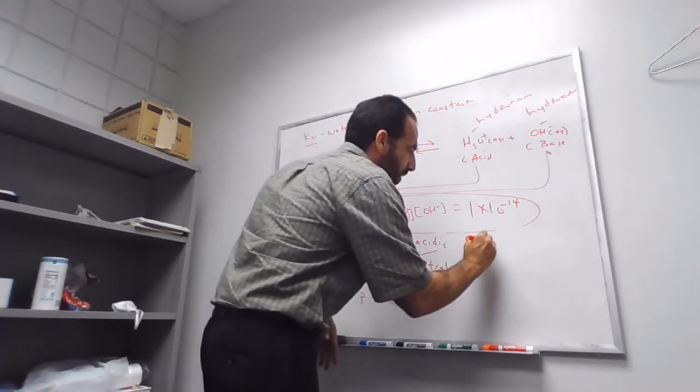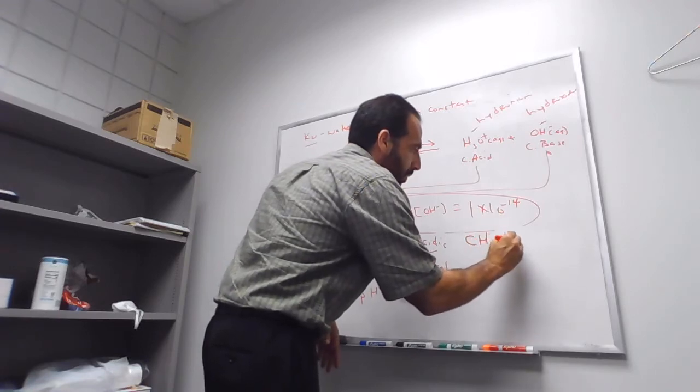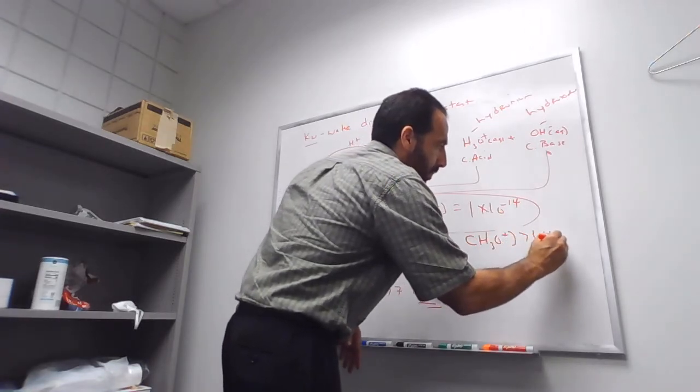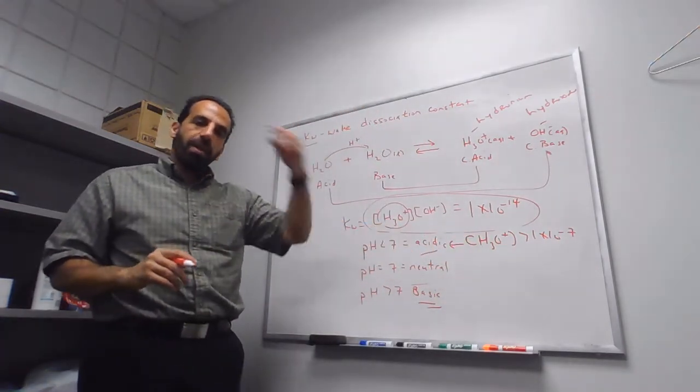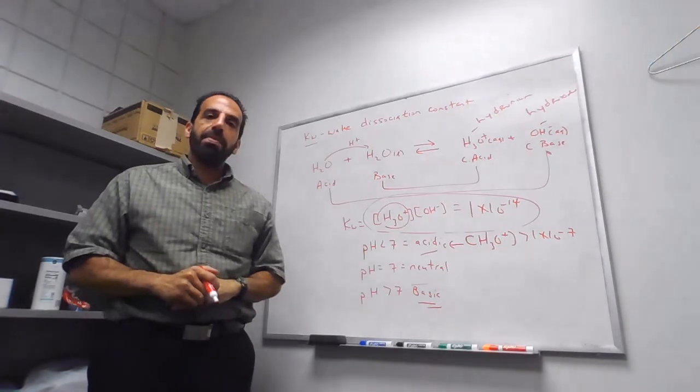If the concentration of H3O plus, so basically, if it's acidic, that means that the concentration, the molarity, is greater than 1 times 10 to the minus 7.